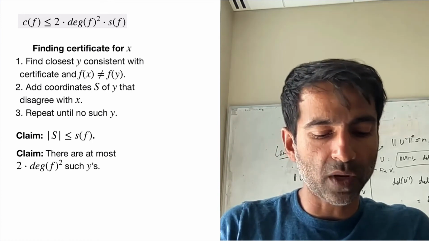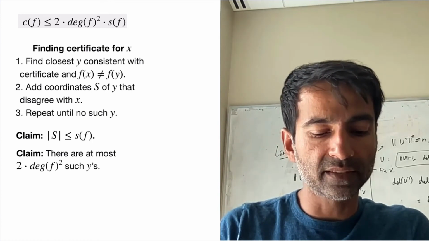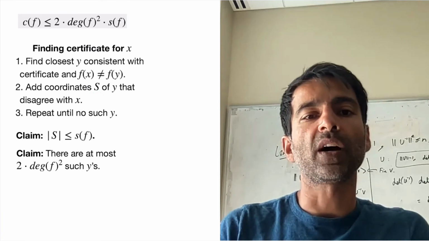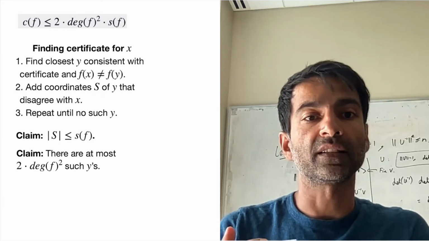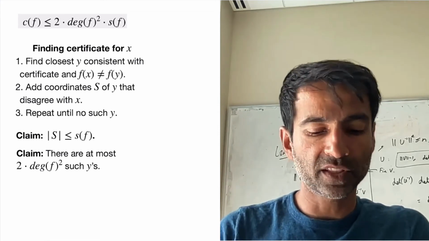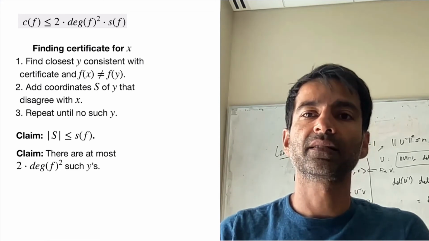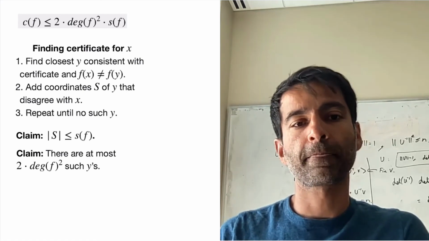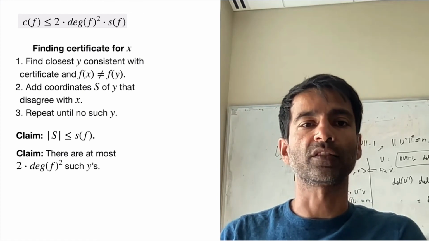Once we find such a y, we'll add all the coordinates where y and x disagree to our certificate that we're constructing. And then we'll just repeat this process until there are no more such y's. That's the algorithm.